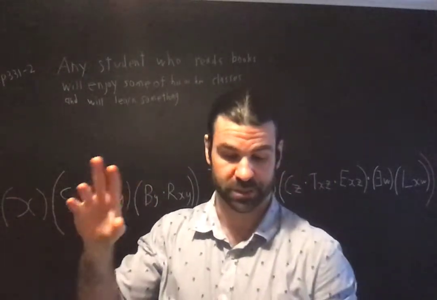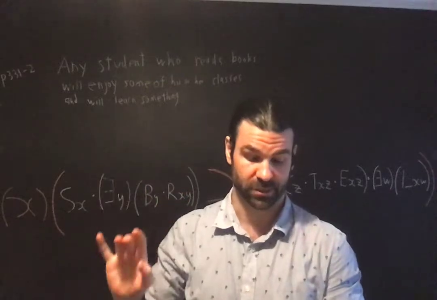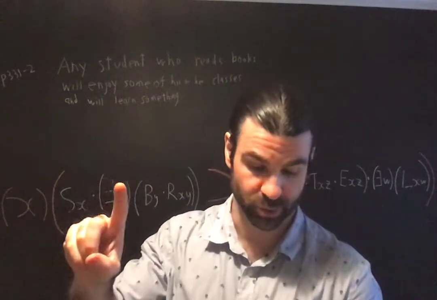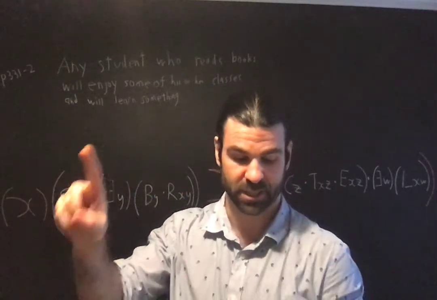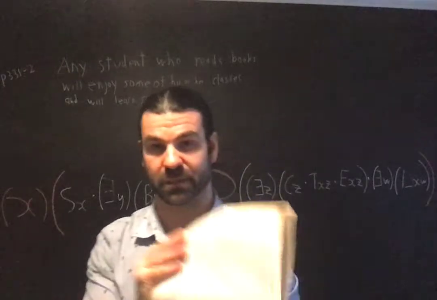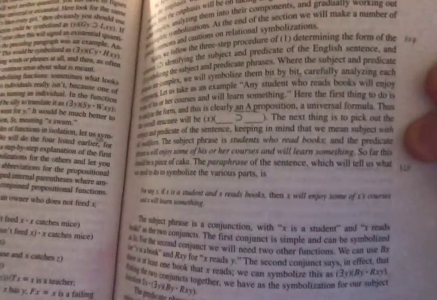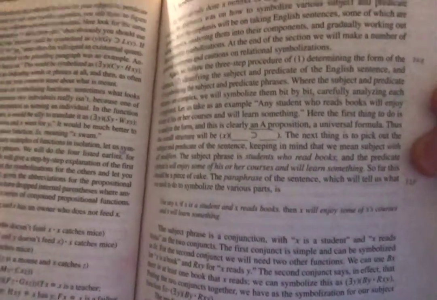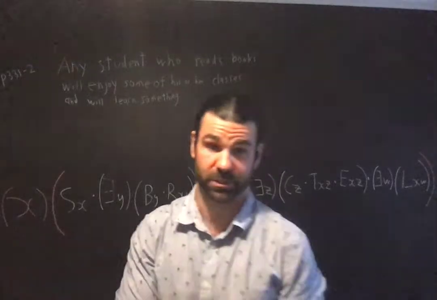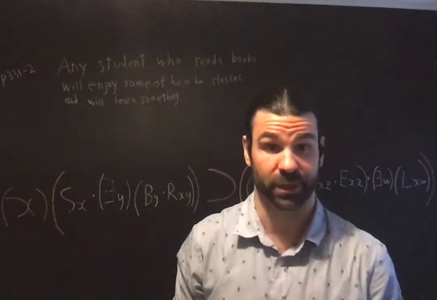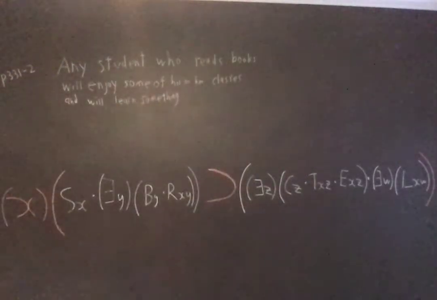So far this should be a piece of cake. The paraphrase of the sentence, which will tell us what we need to do to symbolize the various parts, is, and then she has that sentence, the isolated sentence there: for any x, if and so on, which we'll get to as we actually go through it. But see how she's just following that advice, is what I want to point out.